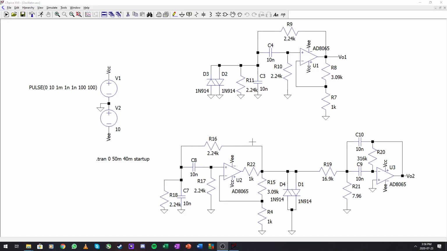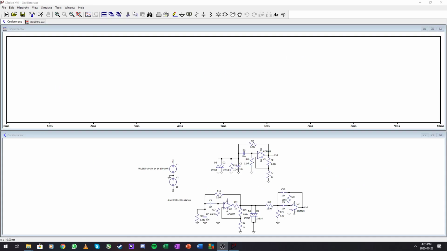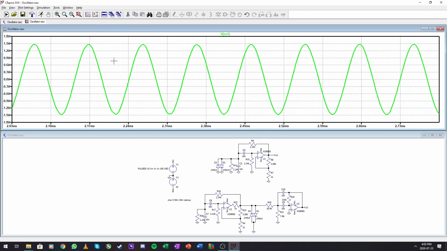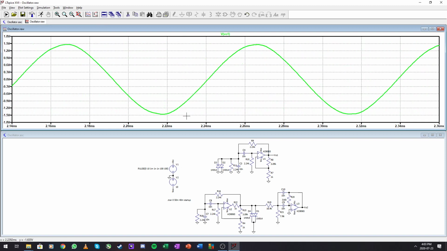Here I have two oscillators built, so I'm going to run the simulation and then show you the different outputs. Okay, with our simulation complete, let's have a look at the first one. So there's our output at 1.5 volts.